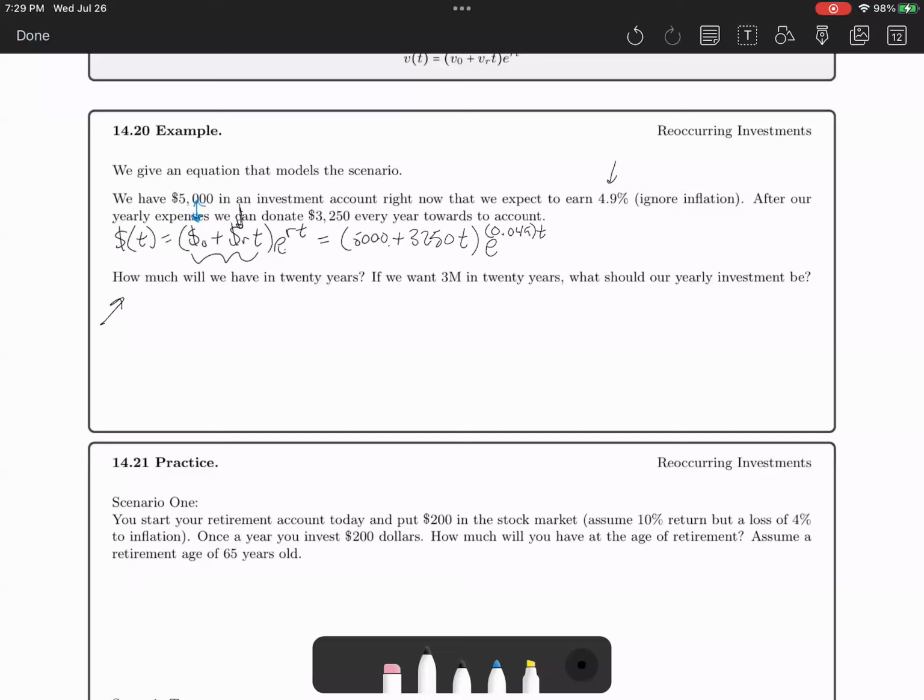Let's jump down here. How much money are we going to have in 20 years? So what's going to be the value when time is equal to 20? And let's go through this slowly. If I take 5,000 and I add 20 times 3,250, that gives me 70,000.